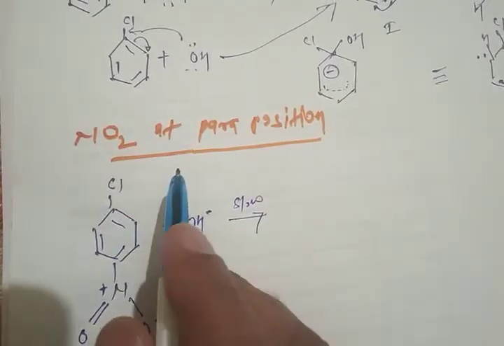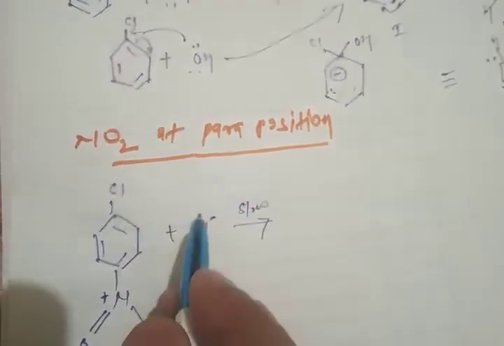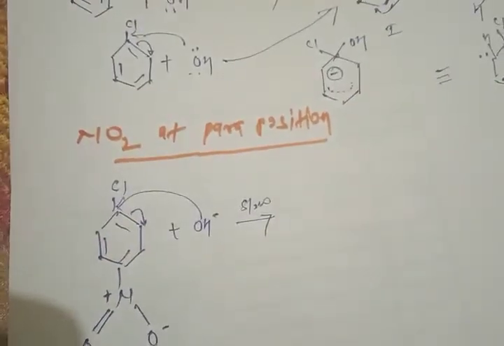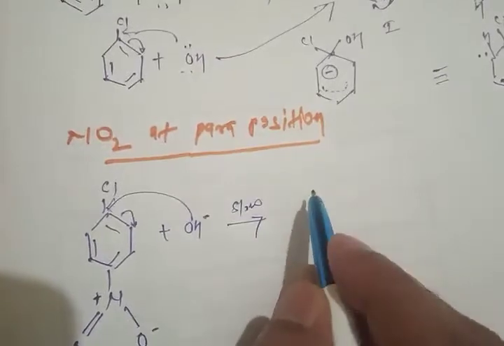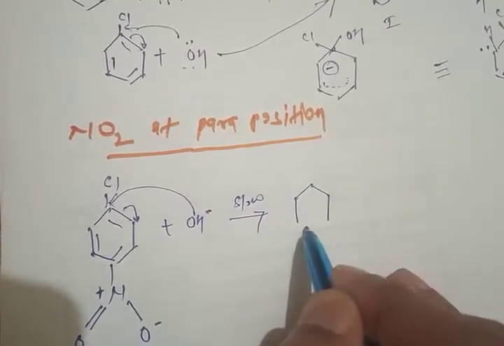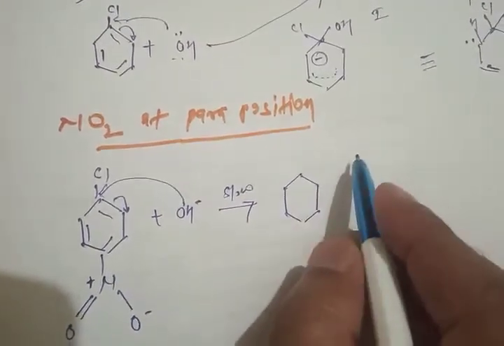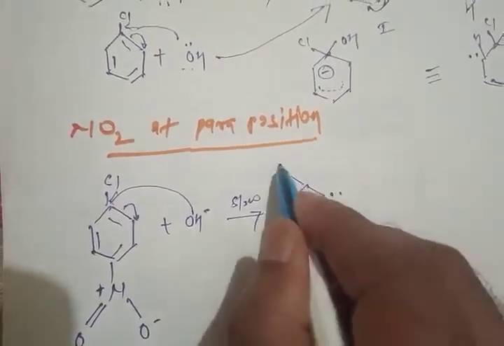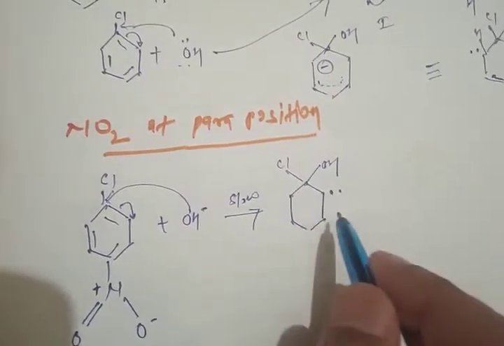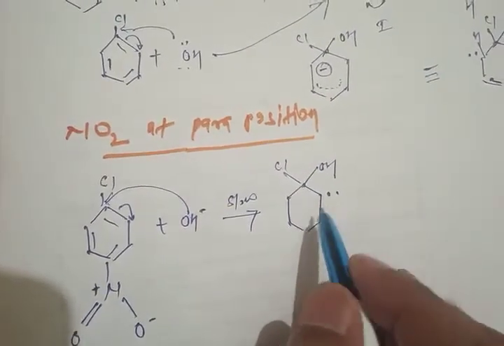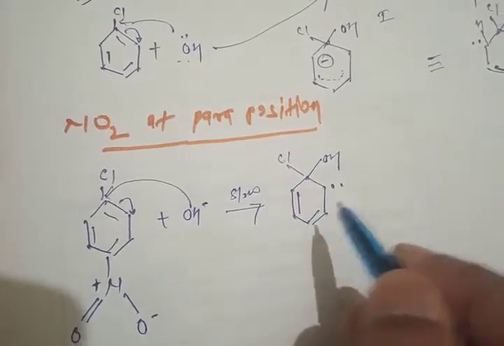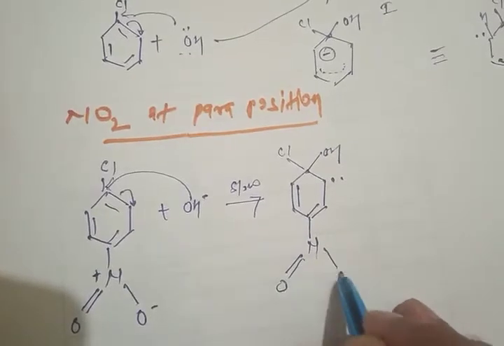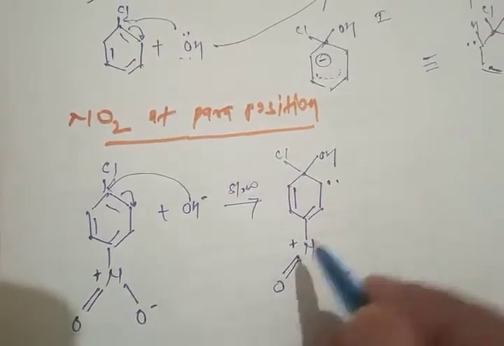This pi electron will attack here and this will go to this side. So what we'll get is a negative charge here, and Cl, OH, and then the double bond O, O negative with a plus charge.